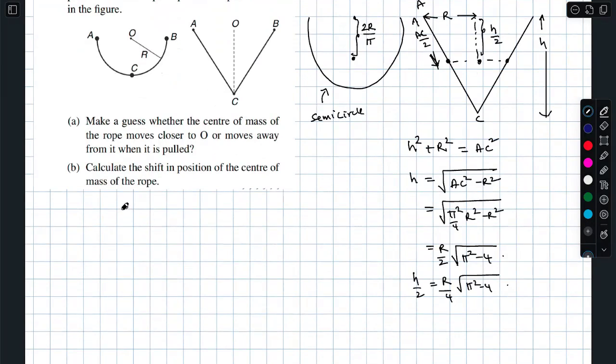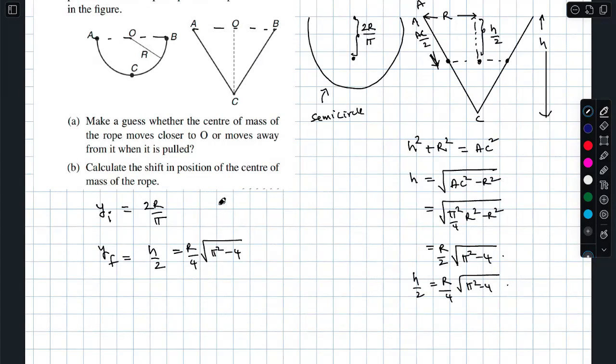Now try to please understand, initial position of the center of mass is 2r/π. Final position of the center of mass is h by 2 from the same reference, which is nothing but r by 4 times root pi square minus 4. Take r as a separate factor.